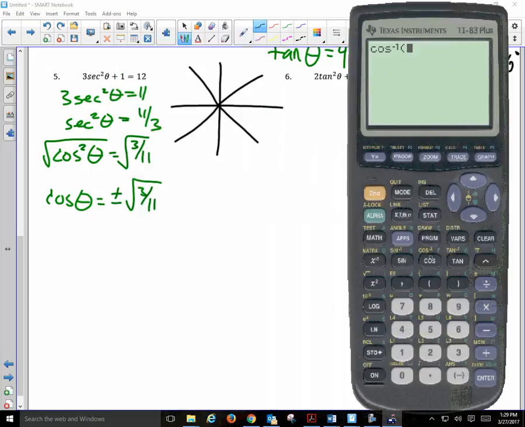So I go cosine inverse of the square root of 3 divided by 11. And I get 58.52. Yep.